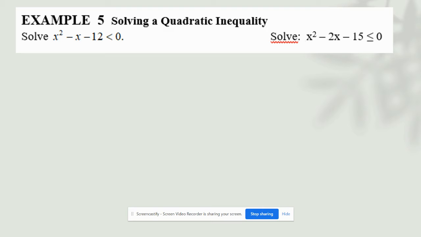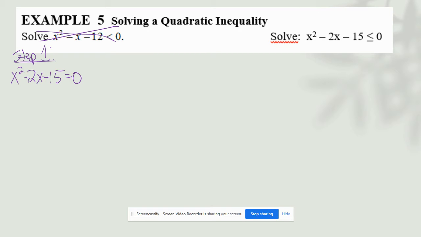We're solving x squared minus 2x minus 15. So I'm going to start over here with step 1, which is to solve. When we're solving, we're pretending that it's equal to 0 rather than having the inequality. So it's equal to 0.